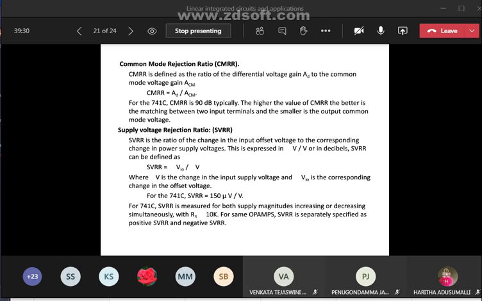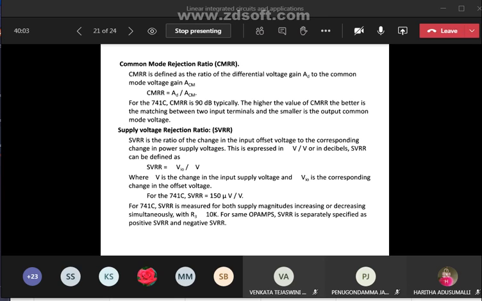And next, supply voltage rejection ratio. It is the ratio of the change in the input offset voltage to the corresponding change in power supply voltage. This can be defined as SVRR, or PSRR, equal to delta VIOS by delta VCC or delta VEE.